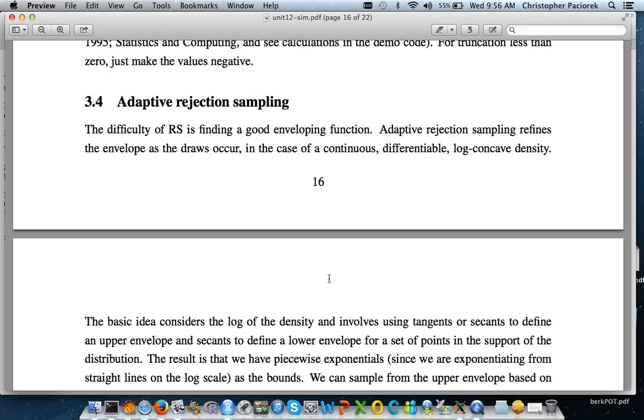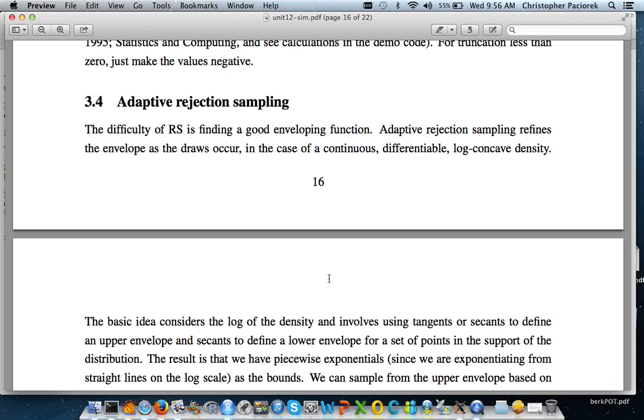So if we abstract this away from what I drew here, I have this lower bound that looks something like this. Oops, sorry. And I have this upper bound that looks something like this.